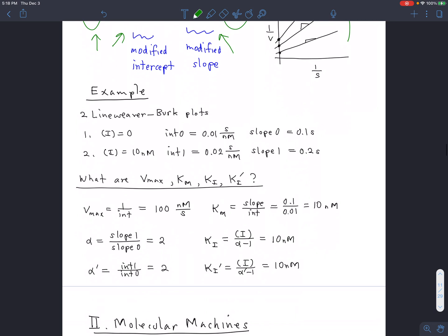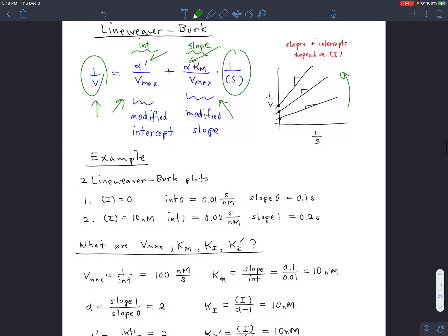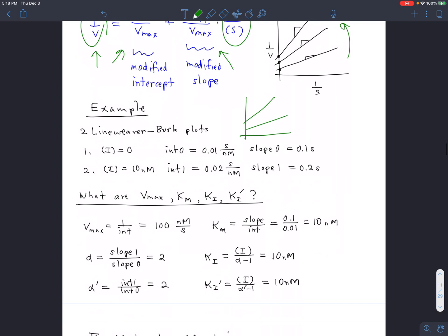Let's do a short example. Let's suppose I have two Lineweaver-Burk plots. Well, two curves on a Lineweaver-Burk plot, something like this. In one case, when the inhibitor isn't present, inhibitor is 0, we'll call the intercept for that plot int0, and we give it a value of 0.01 seconds per nanomolar.